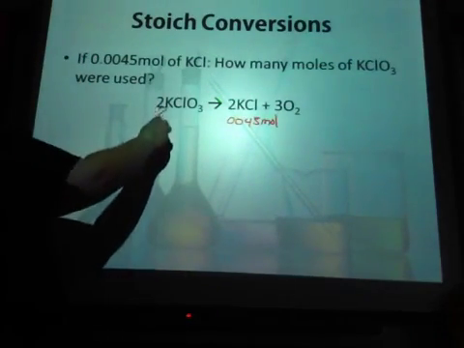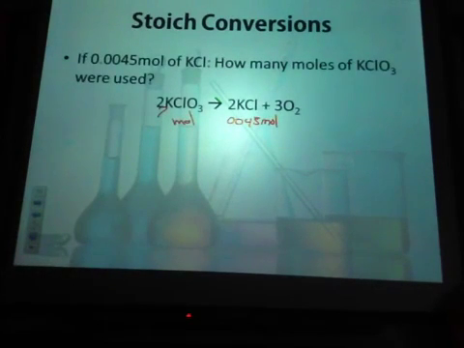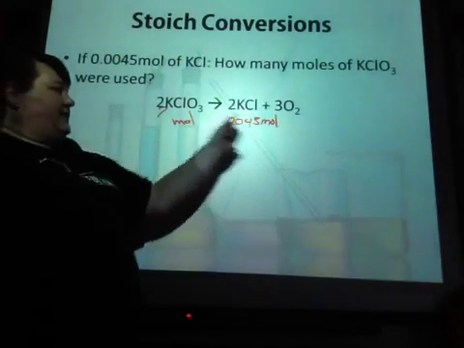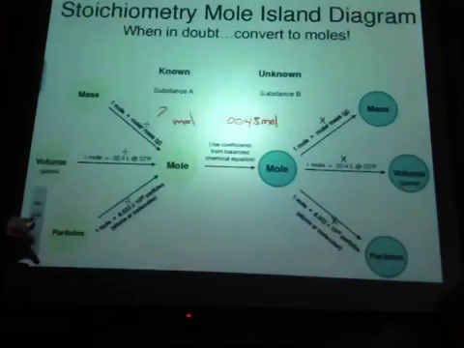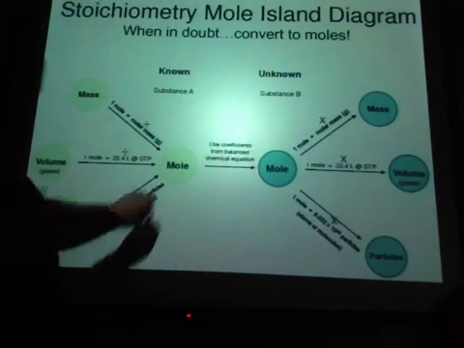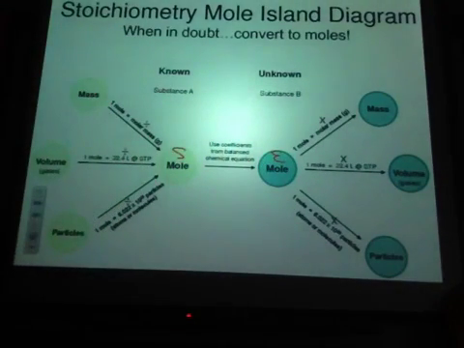And I need to find moles of KClO3. So I'm in moles, I need to go to moles. Again, I'm starting in moles and ending in moles, but of a different substance. So I've got to use my coefficients again, just a one-step problem.